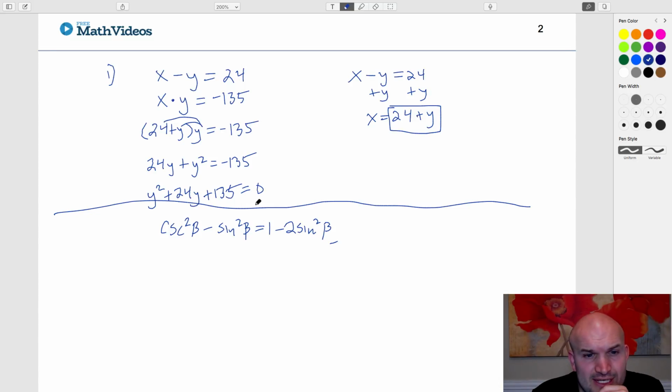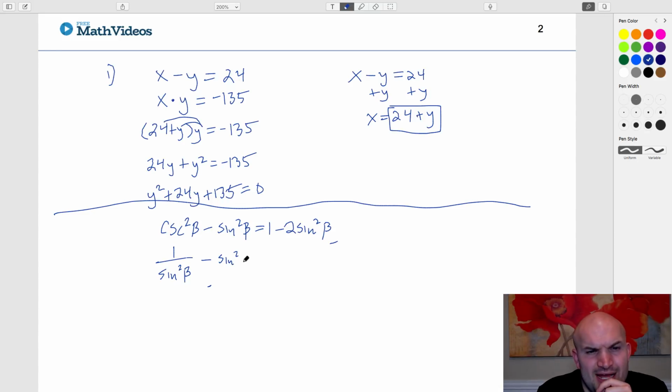The only thing I can think of right now is to combine these. So let's work on the left side. Let's rewrite this with the same denominator, sine squared of beta, minus sine squared. Actually, you know what? No, that wouldn't work.